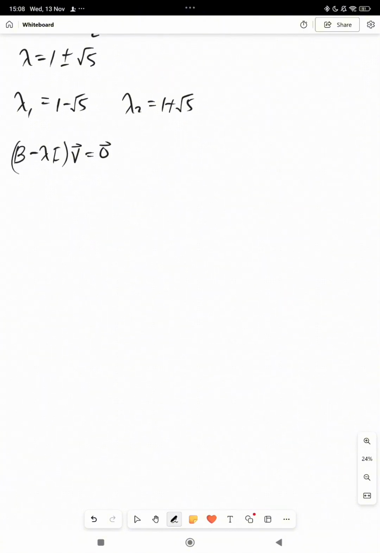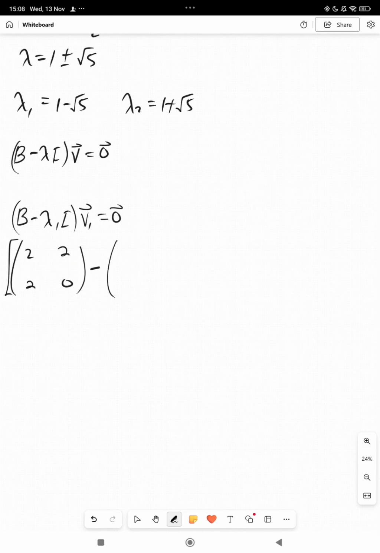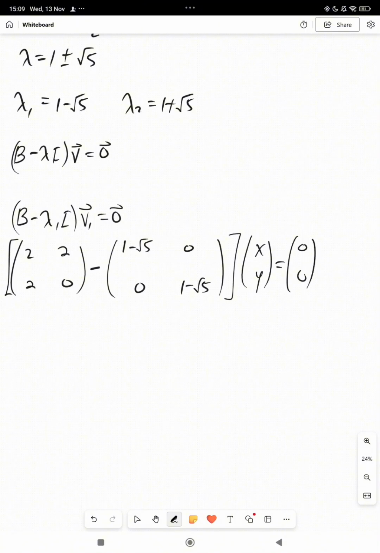For our first eigenvalue, we have B minus lambda 1 I times V1 equals 0. B is given by 2, 2, 2, 0, minus lambda I, which is 1 minus root 5, our first lambda, on the diagonal, multiplied by x and y, giving us 0, 0.